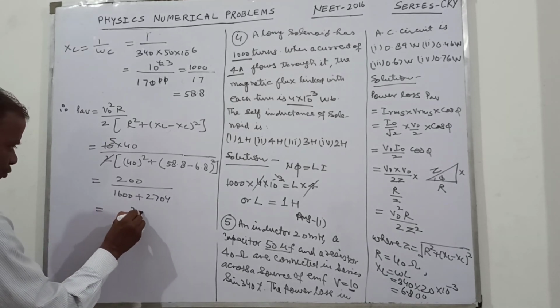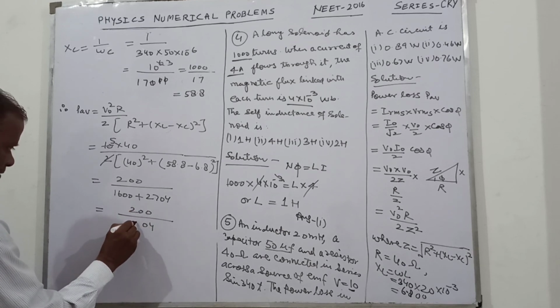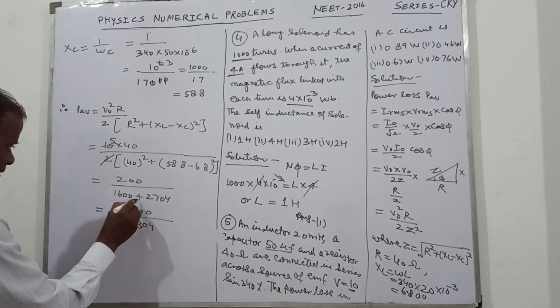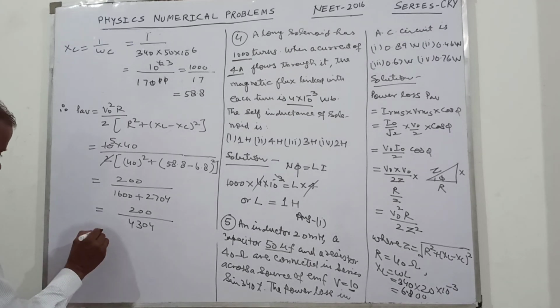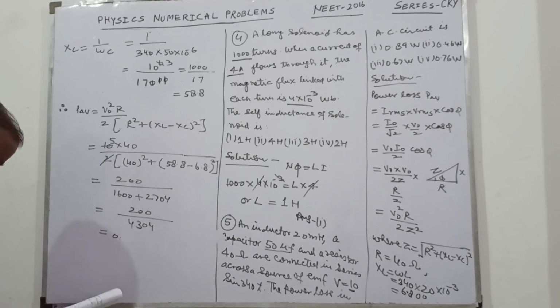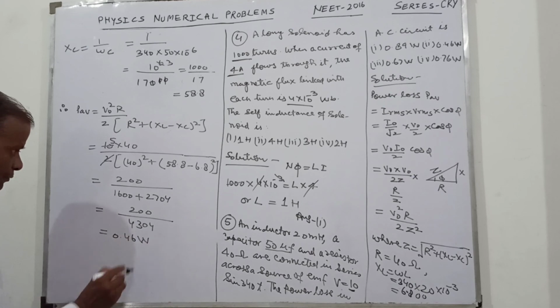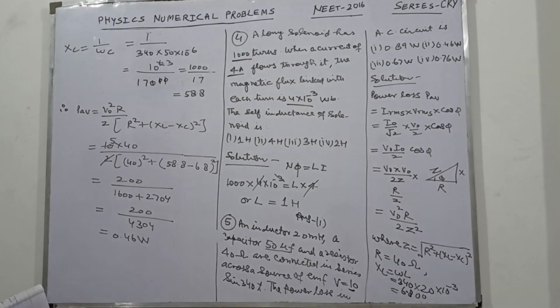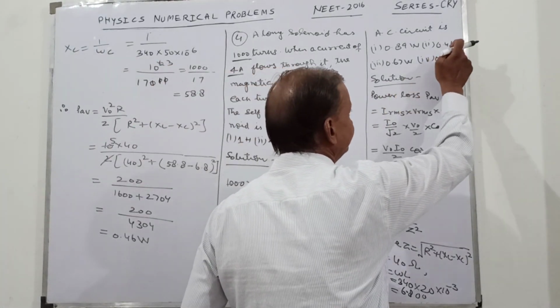So this is 200 upon 4304. If you just divide this, then this will come out to be 0.46 watt. So 0.46 watt, this is the answer to this one.